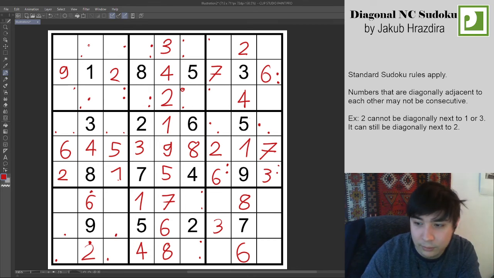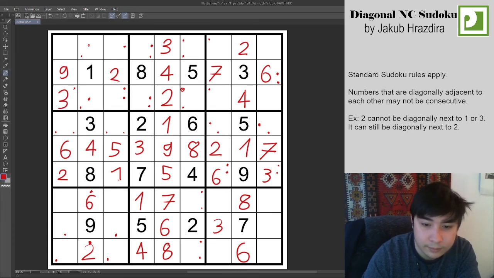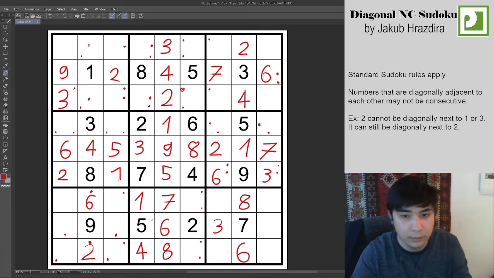So we actually do have to write the 3 on the left side. This has to be in one of these 2 spots. No telling which one there yet.